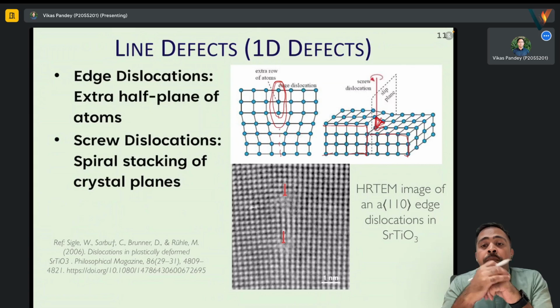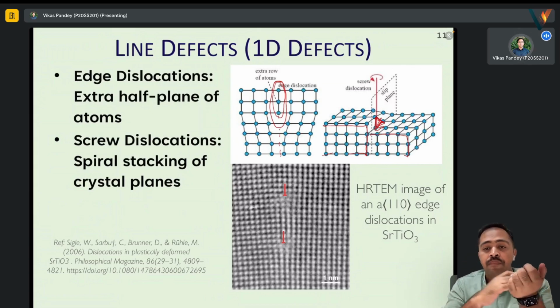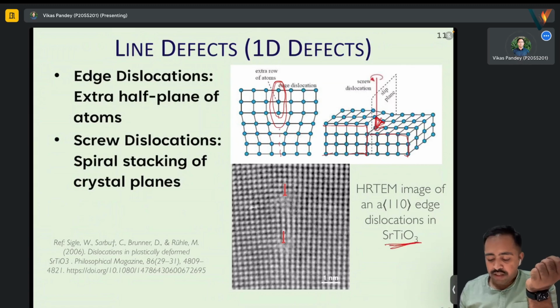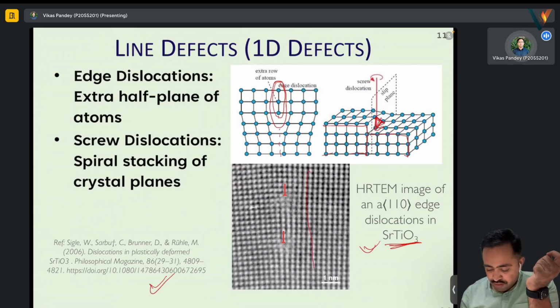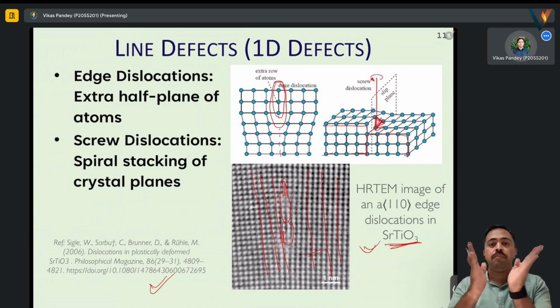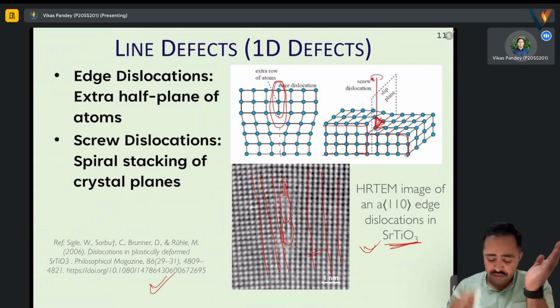Okay, for example, you can see for strontium titanate, this is an image taken from this paper. This is an HRTEM image showing an edge dislocation. So you see these lines look parallel, but when we see this part, it is not parallel to these lines because some edge dislocation is happening here that is creating the pattern, that is some extra row has got inserted here.